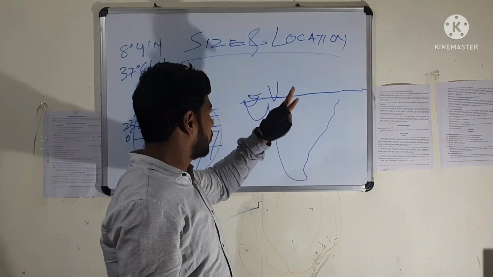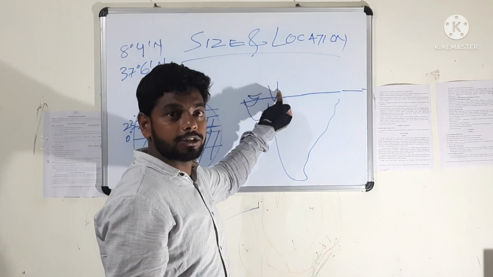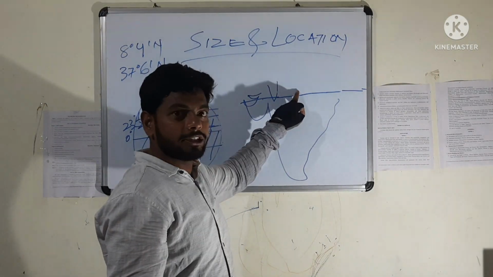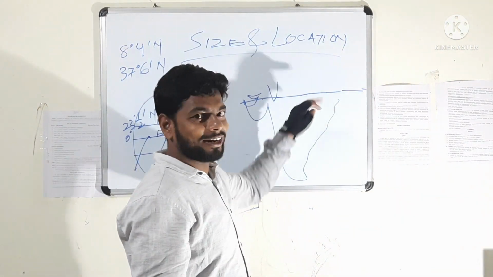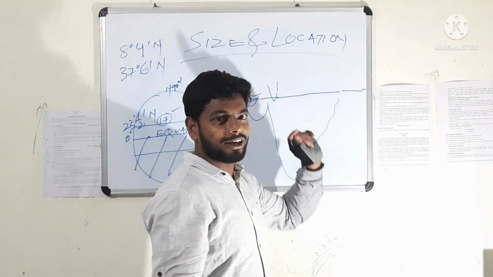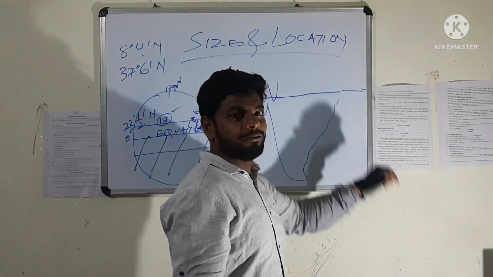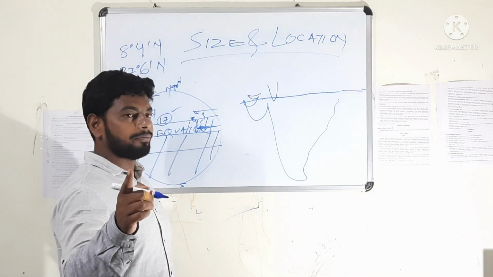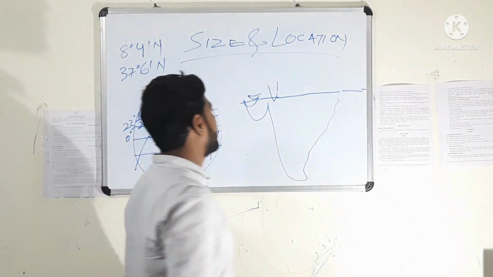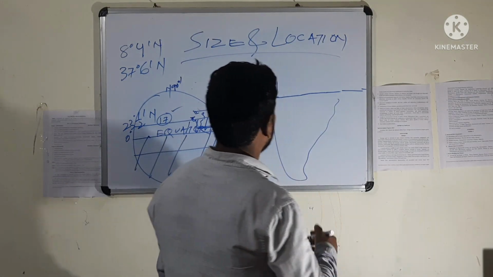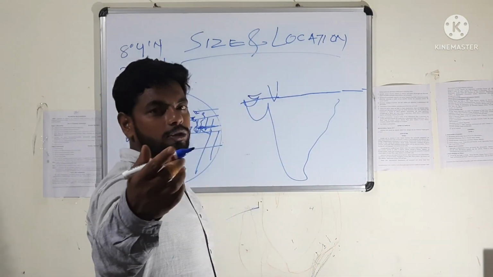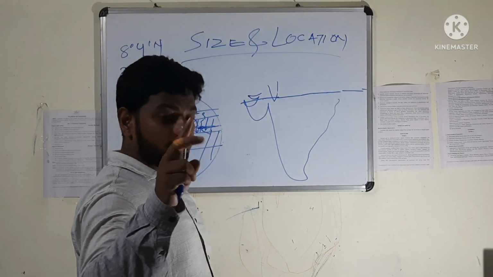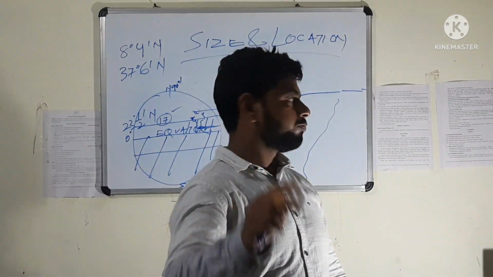Gujarat, Rajasthan 1, 2, Madhya Pradesh 3, Chhattisgarh 4, Jharkhand 5, West Bengal 6, Tripura 7, and the last one, Mizoram 8. So in this way there are 8 states where the Tropic of Cancer passes through.